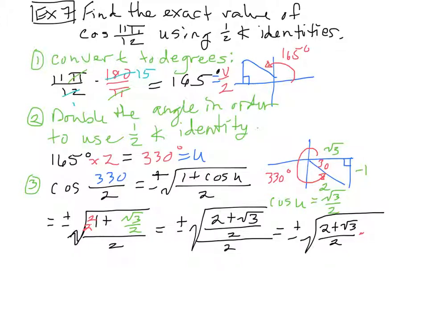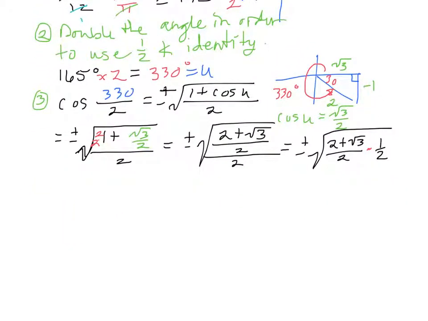What's the reciprocal of 2? 1/2. Isn't it 2 over 1? 2 over 1, the reciprocal is 1 over 2, right? So what I actually have here is 2 plus rad 3, and this denominator becomes 2 times 2 is 4.